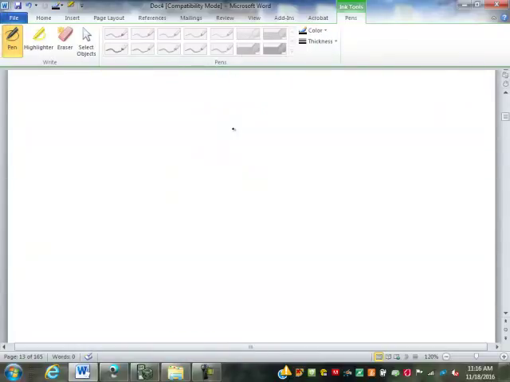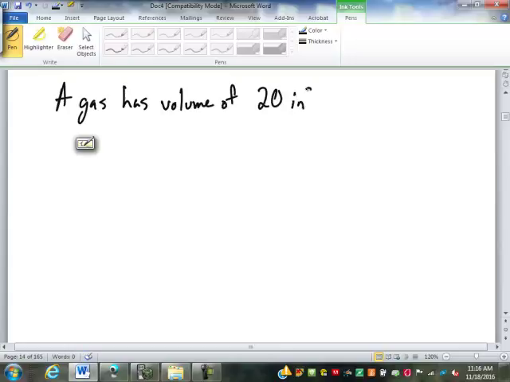What if I give you this example? The gas has volume of 20 cubic inches at a pressure of 15 psi.